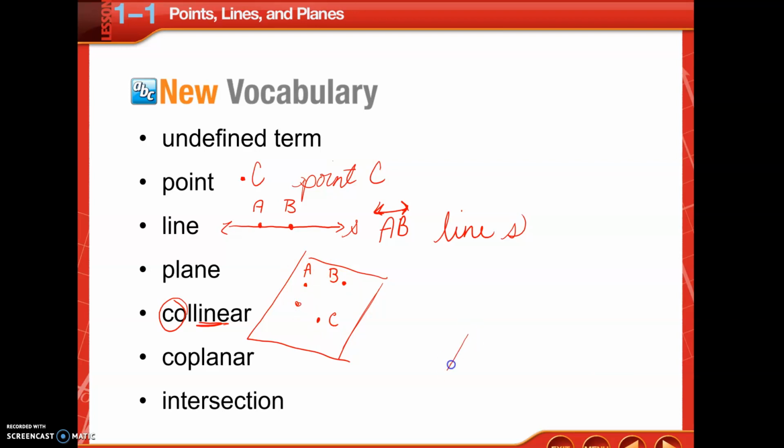So 2 lines always meet in a point. 2 planes always meet in a line. It's hard to draw where these are meeting, crossing, but where they cross is a line. You can kind of think of the corner of a classroom, or where 2 walls meet. That always makes a line where they meet.